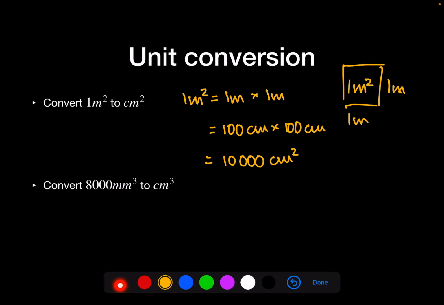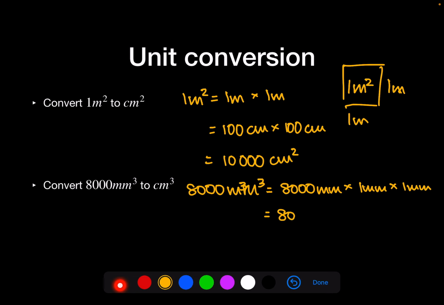So now for the second part, we do the same thing but kind of in reverse. So we have 8,000 cubic millimeters, sorry, not meters, millimeters. So this is the same as saying 8,000 millimeters times 1 millimeter times 1 millimeter. And now we just convert them one by one. For the first part, we have 8,000 millimeters, and to convert to centimeters, we just divide the number by 10.